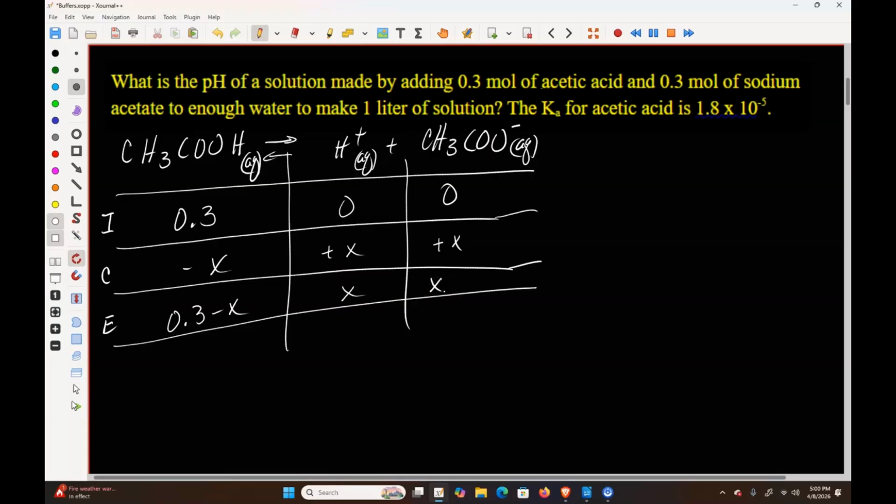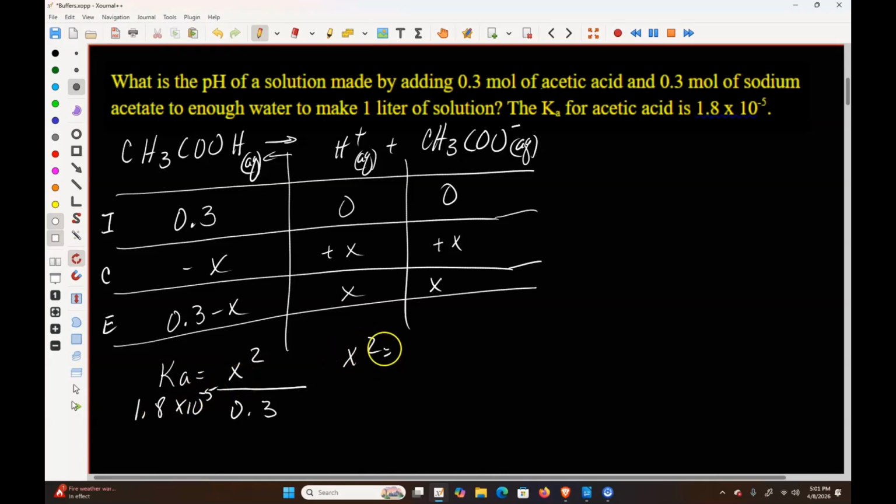All right, since the Ka is 10 to the negative fifth power, and this is 0.3, that means there's 4 powers of 10 difference, so we can ignore the minus x part. All right, so the Ka is equal to the concentration of the H plus times the concentration of the acetate divided by the acid concentration, and the Ka is 1.8 times 10 to the negative fifth.